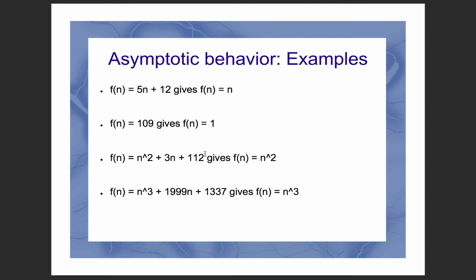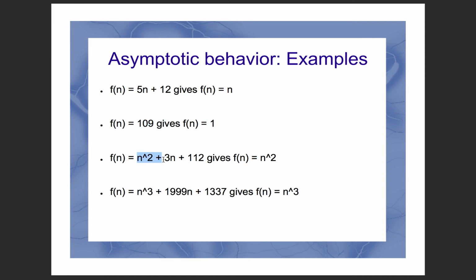Now let's see some examples. Say you have 5n plus 12. 5 is a constant, 12 is a constant, you keep only n. Now if you have 109, that doesn't have any variable like n, so this is basically 1. If you have only a constant, then that is simply 1.